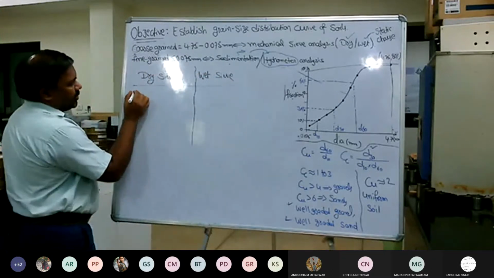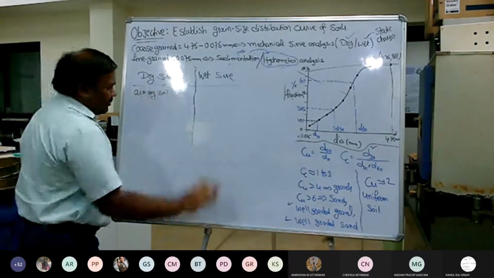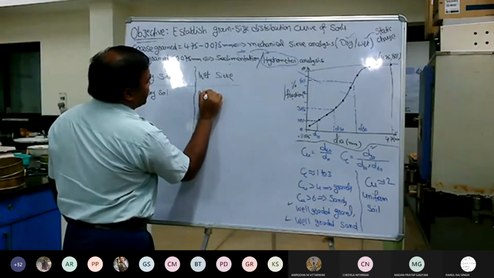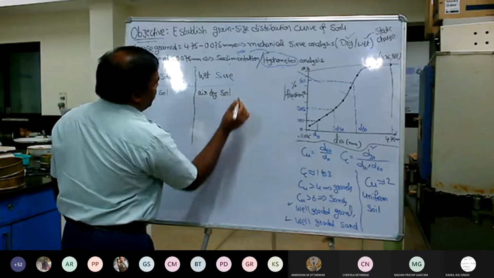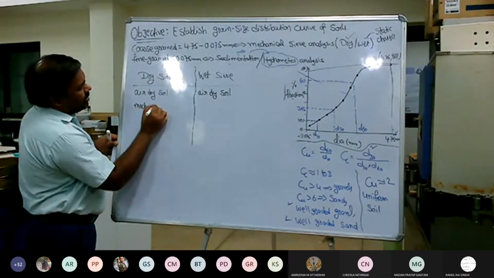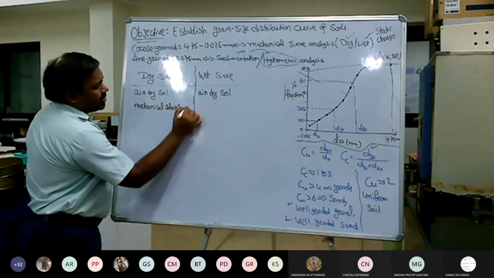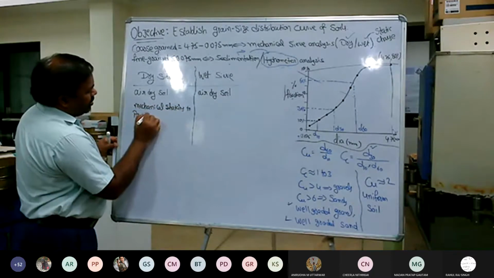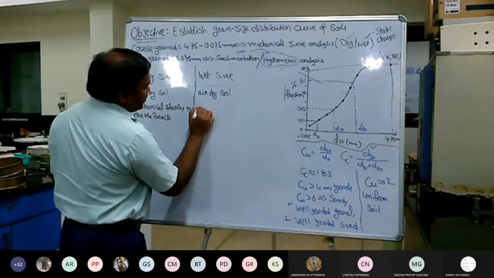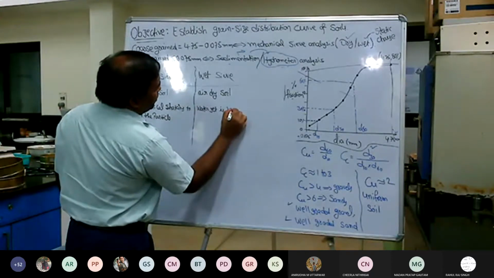In dry sieve analysis, we will take air dry soil, while in the wet sieve analysis, here also we will take the air dry soil, but in dry sieve analysis we use mechanical energy, that is mechanical shaking, to pass the particles, while in wet sieve analysis we use a water jet to pass the particles.